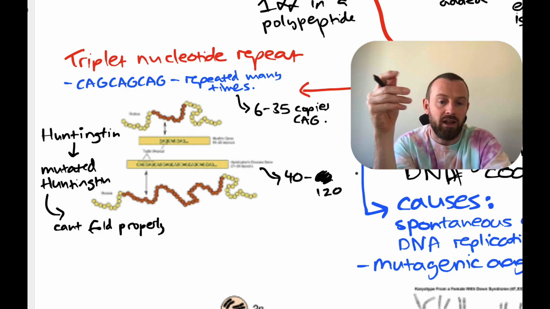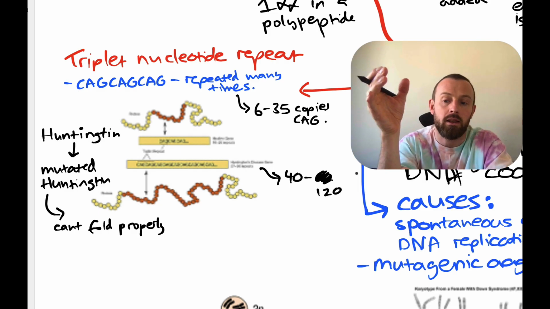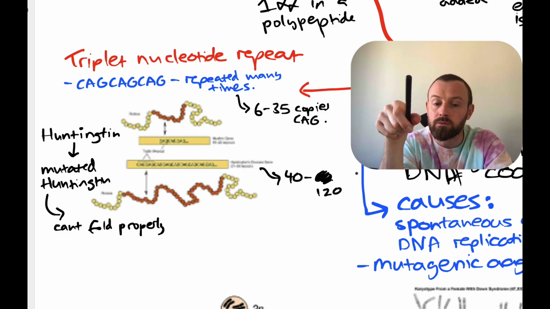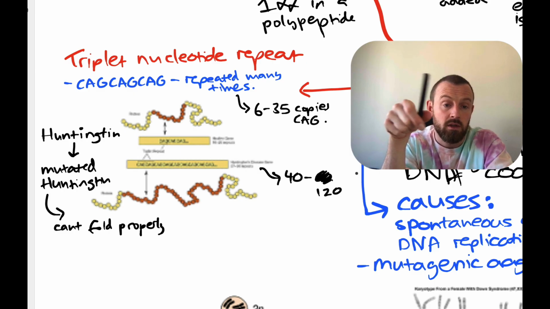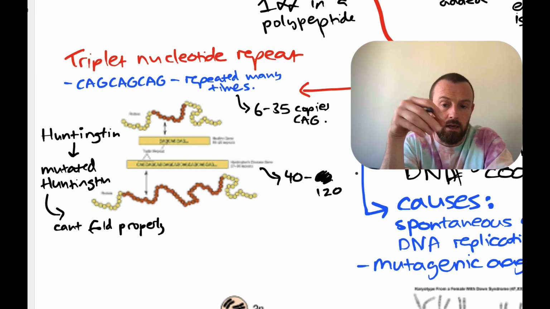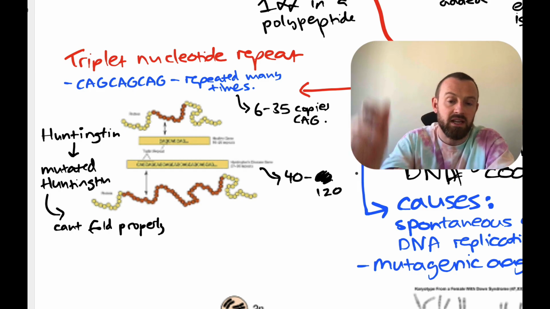Sometimes people get 39 repeats and they may or may not develop Huntington's. Remember, coming up in your next module, 6.2, Huntington's is a dominant inherited genetic disease. So there's one example of how triplet nucleotide repeats cause gene mutation and how that plays out.